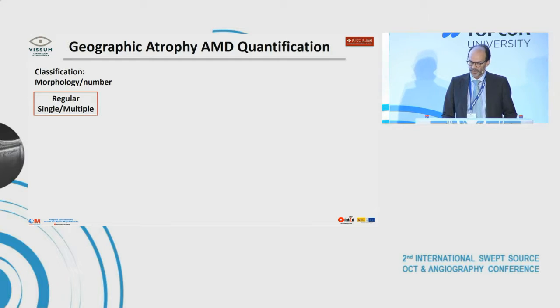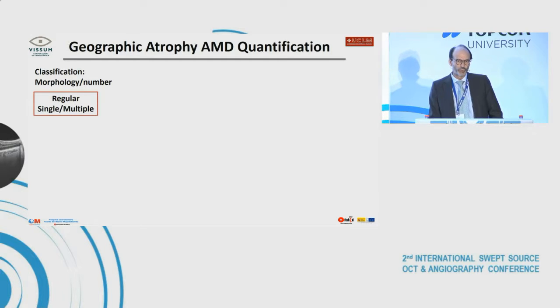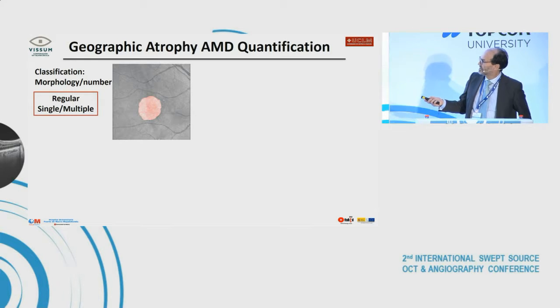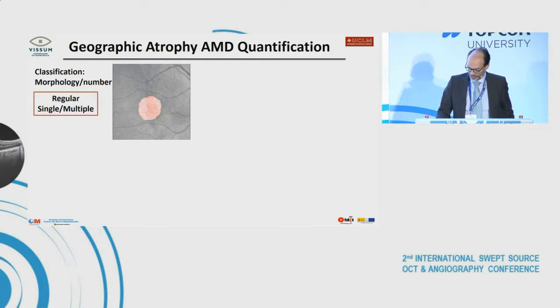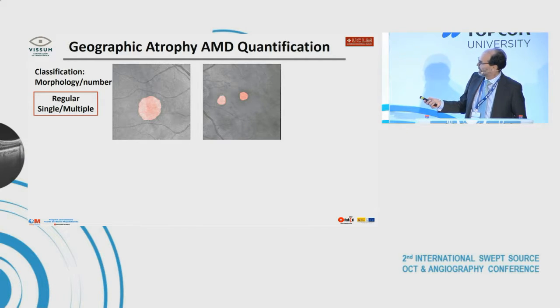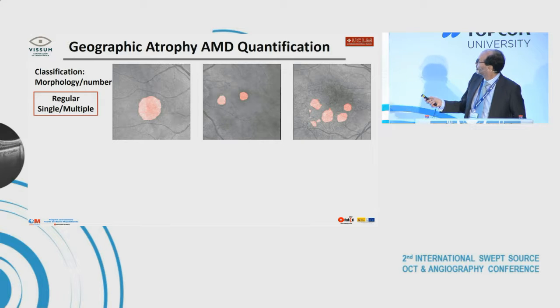We classified the lesions studied according to different patterns, the morphology and the number of lesions. We can have a regular single lesion, as this one. This is the automatic determination by the software. Two or more lesions, but with regular morphology.